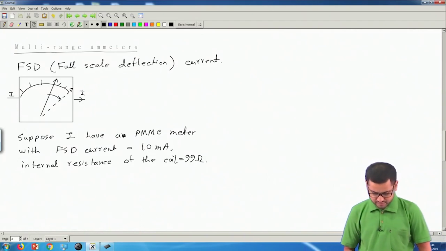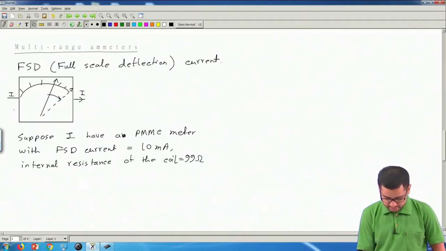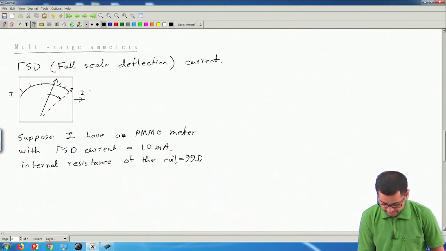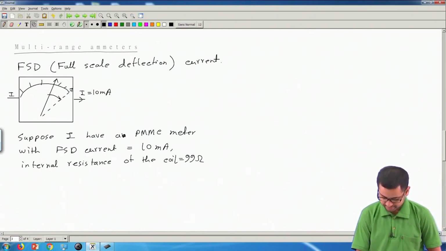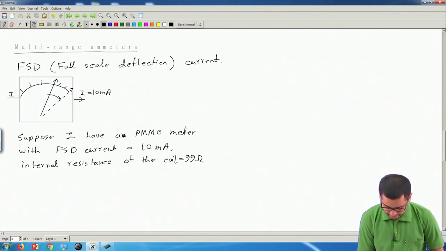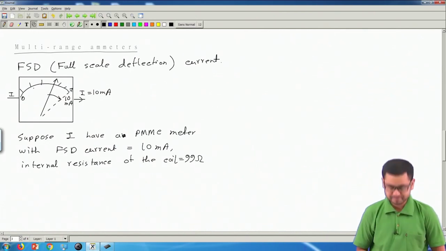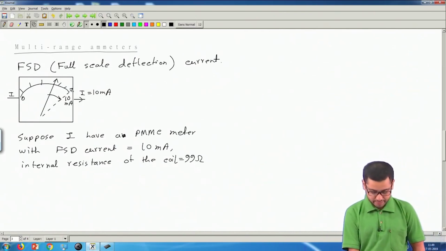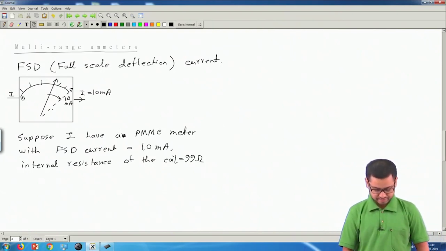Now if I connect this meter and pass I equals 10 milliampere, then the pointer will come to the extreme right position. Therefore on this scale I can mark this point as 10 milliampere. This side I can mark as 0 milliampere. So this is the 10 milliampere marking on this scale.